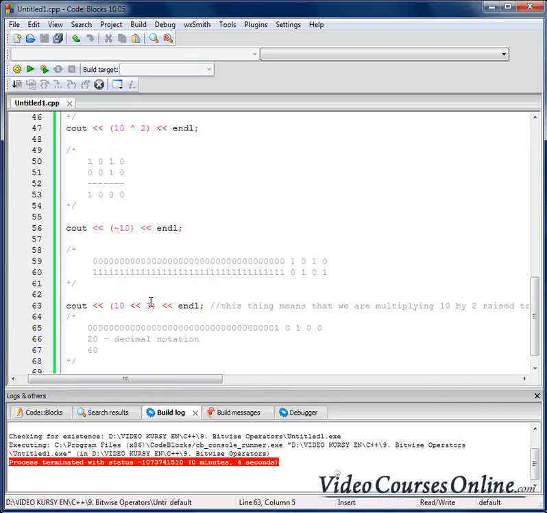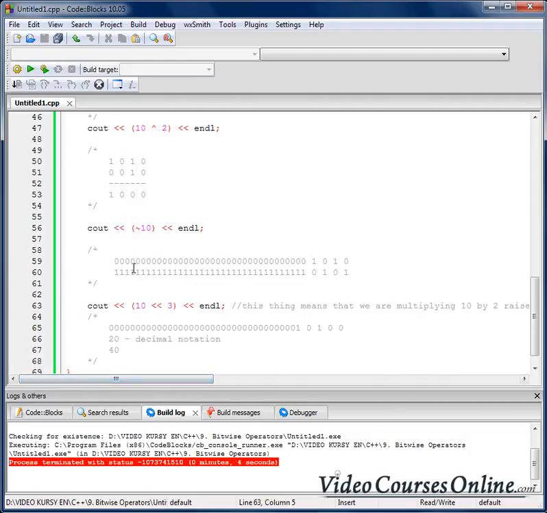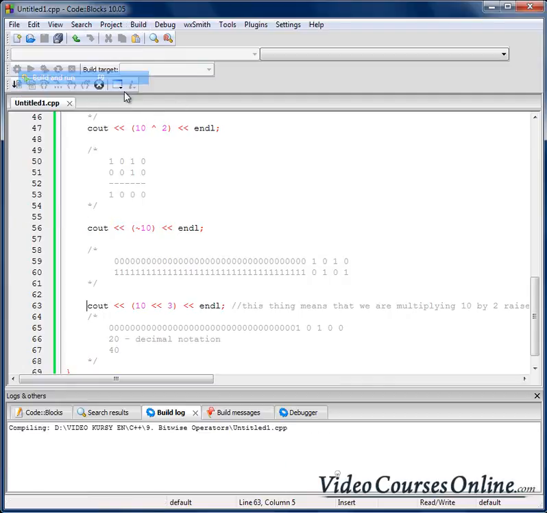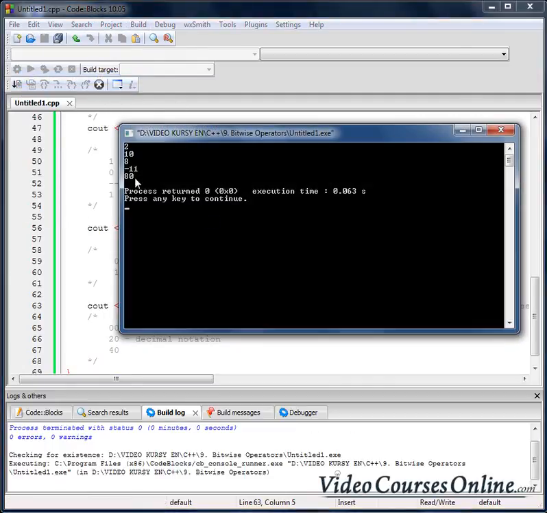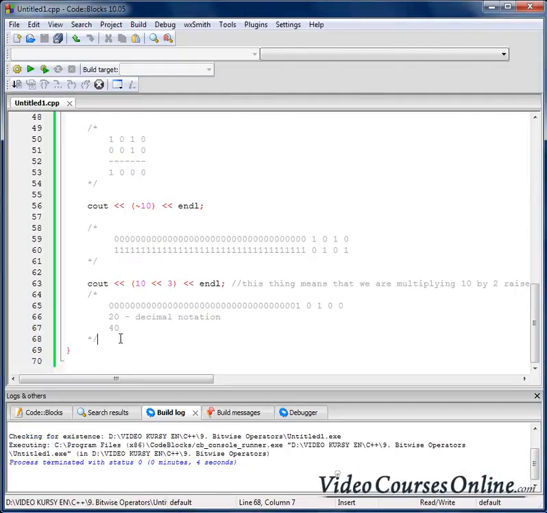So 10 multiplied by 2 to the power of 3 is what? 10 multiplied by 8, so I should have 80 here. Let's see if I'm right, if I'm not lying, and as you can see everything is working fine.